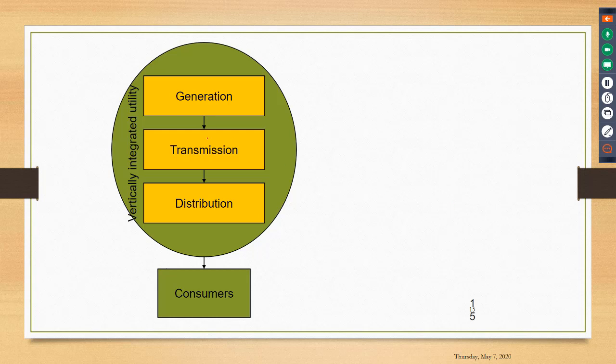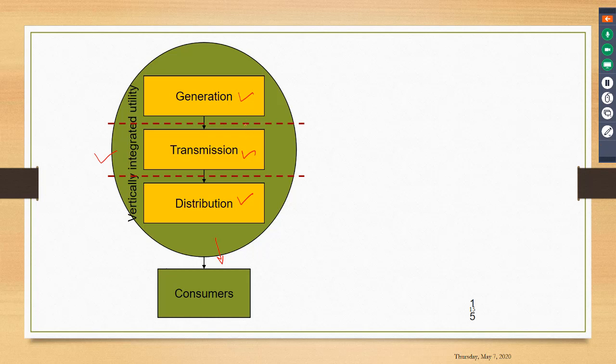Now if we see the system, previously it was known as a vertically integrated utility, where all the generation, transmission, and distribution were with a single entity, managed and operated by that single entity, and finally it supplied the electricity to the consumers.